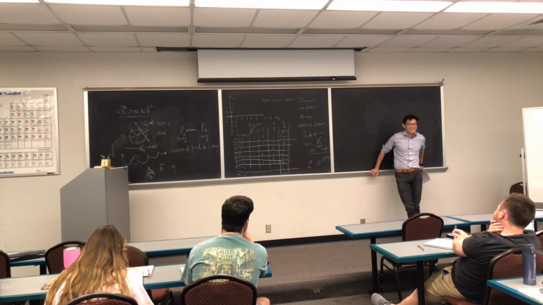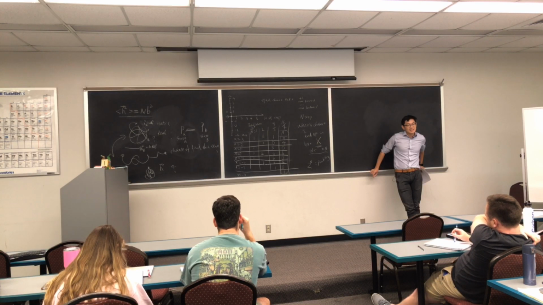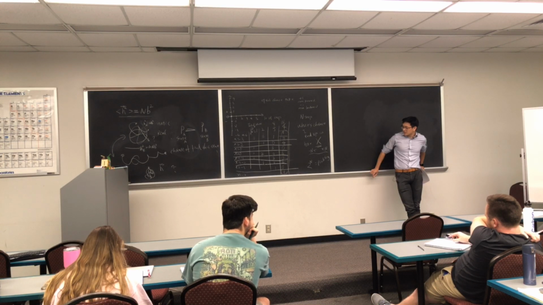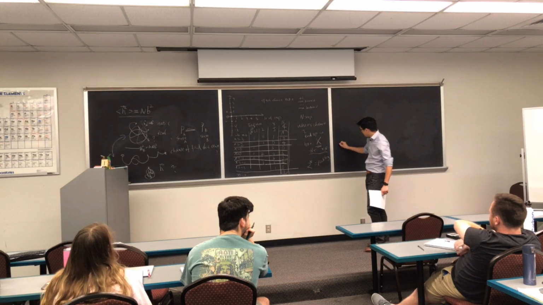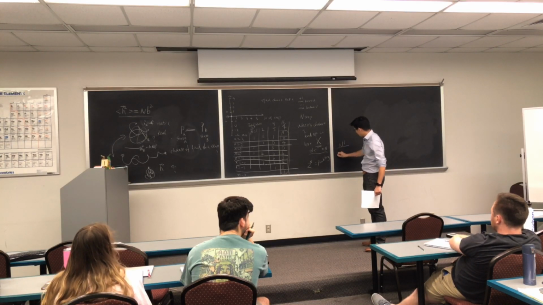Isn't it n choose x times the probability? Say that again? N choose x times the probability of x. What is n choose x? So n factorial over n minus x factorial? N factorial and n minus x factorial multiply.